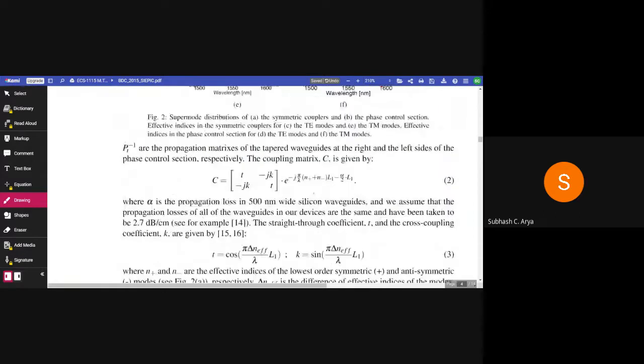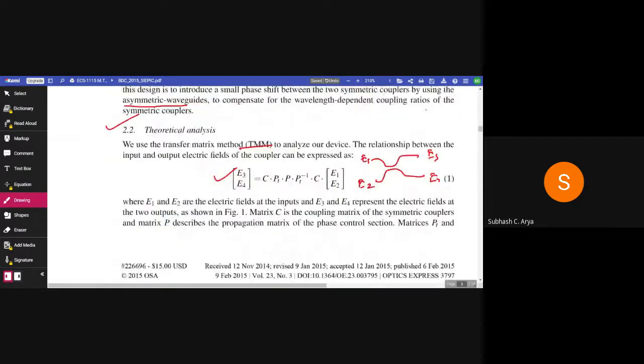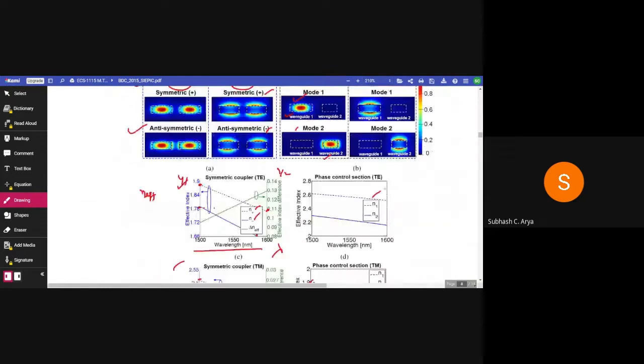Then the mathematical representation is the relation between input and output. The electric field of the coupler can be expressed as this equation number 1.